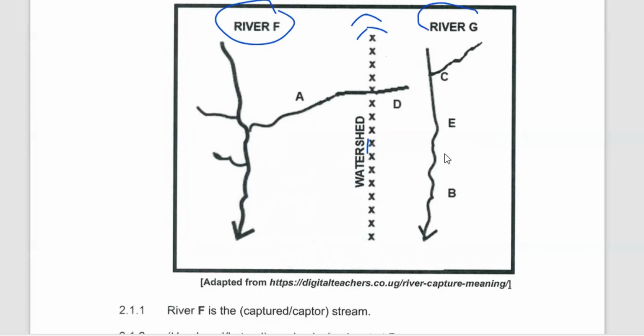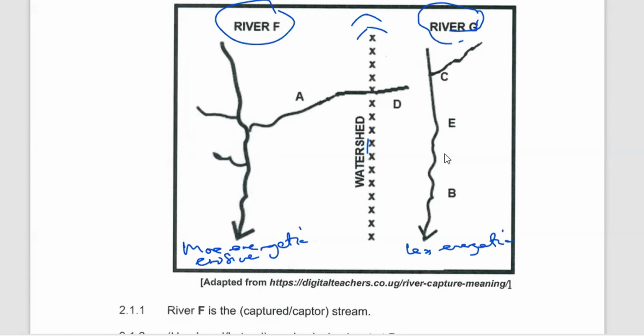Then we have river G, on this extreme side, which also exists on its own drainage basin. And what happens with this situation of stream piracy? When stream piracy occurs, we have a more energetic river. This river here is more energetic, meaning it has more erosive power. And this one is less energetic.